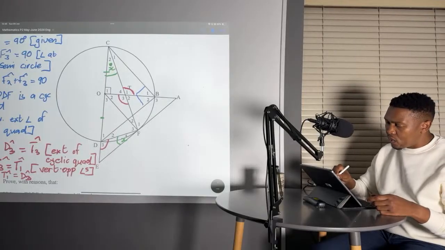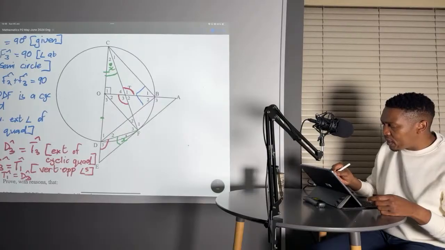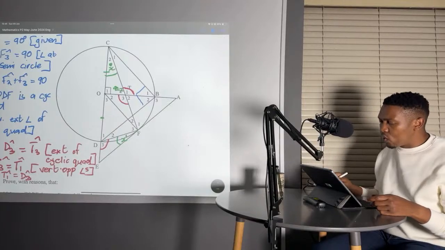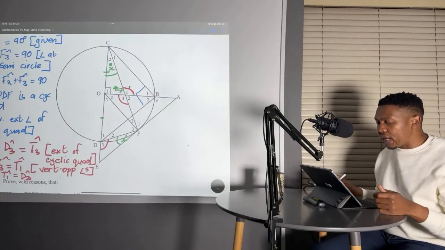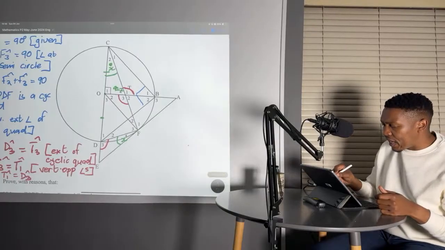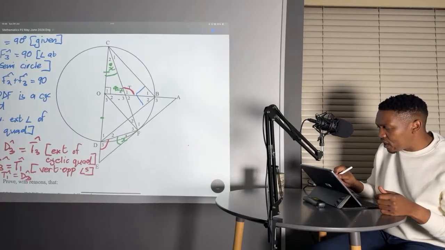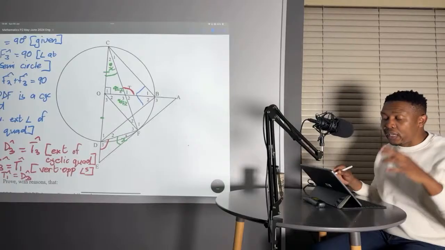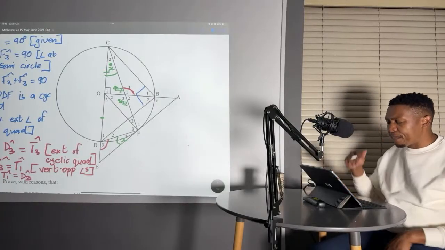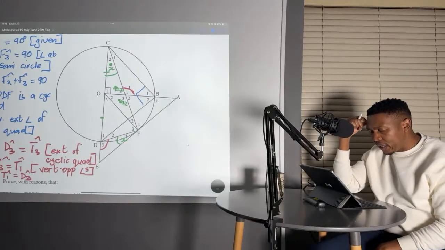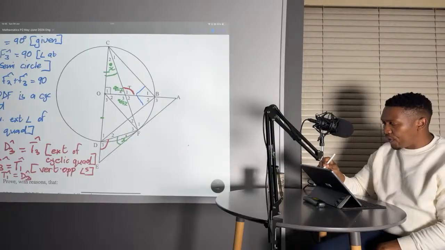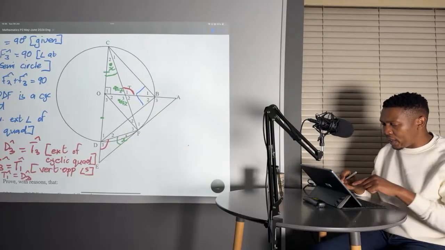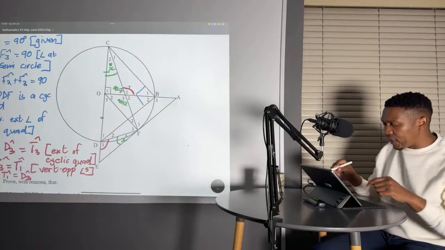Actually, so that makes this 90 minus X. All right, so that means T4 should be 90 minus X, meaning that T3 should be 90 plus X if we take the sum of angles on a straight line, right? I'm trying to see if we can prove, so that would be X over there, right?